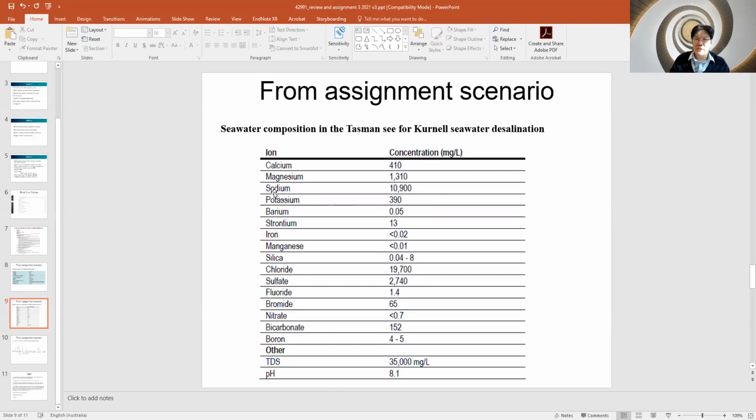You can use this kind of concentration, especially boron. I mentioned over 4.25. You can put 4 milligram per liter, or 4.5 or 5 milligram per liter, and the final concentration should be less than 0.3 milligram per liter. You also have to look at this in your software and make sure you don't have a scaling issue or any design issues.